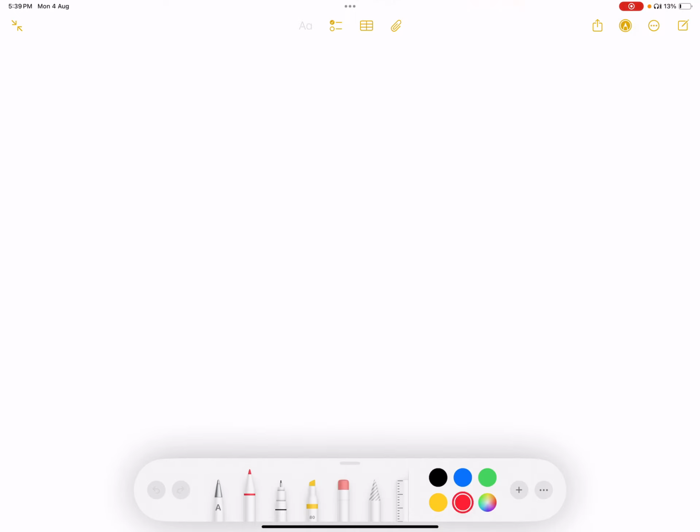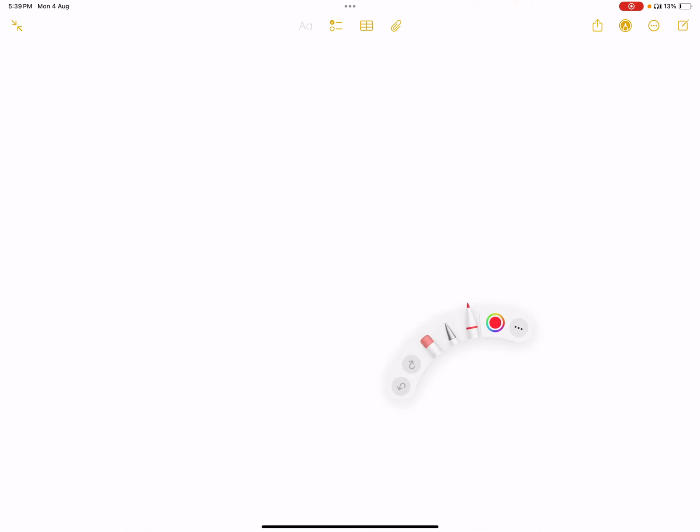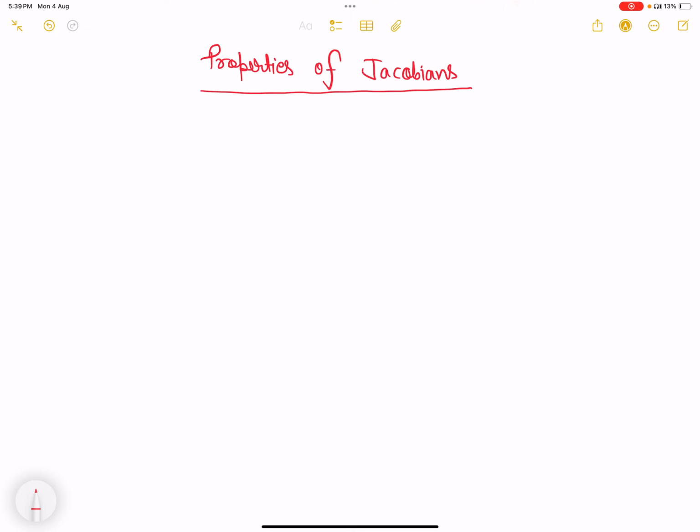Today we are going to see properties of Jacobians.